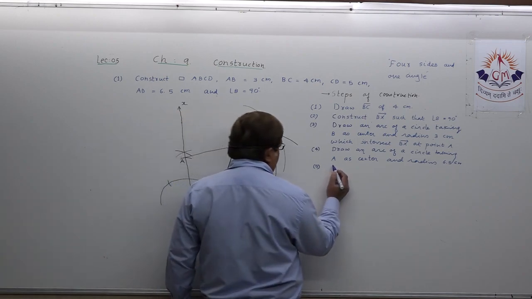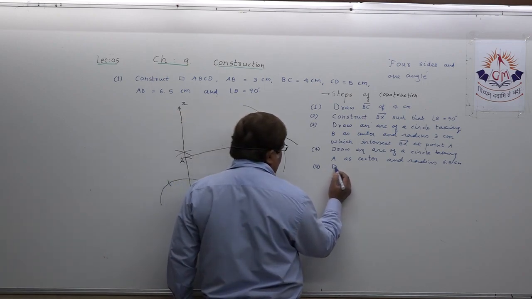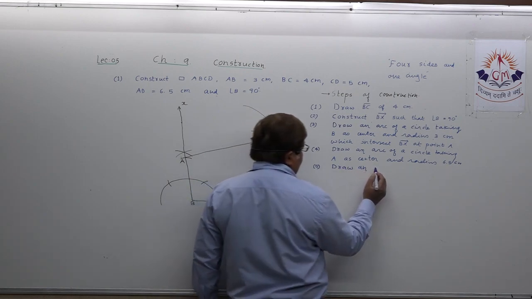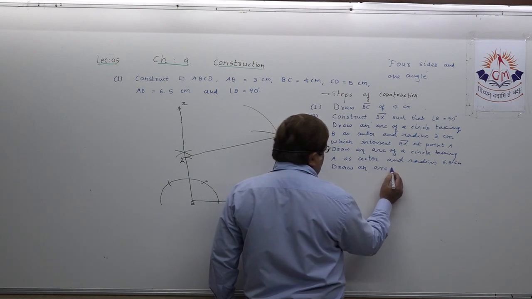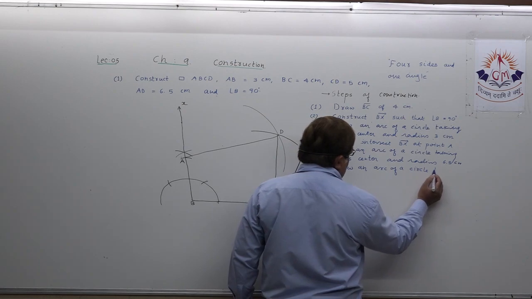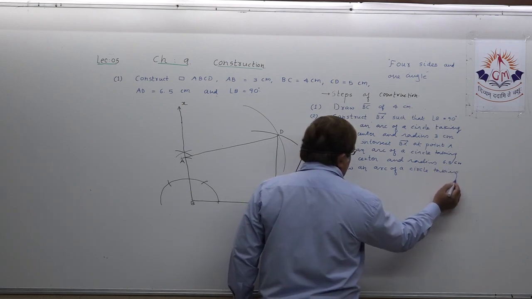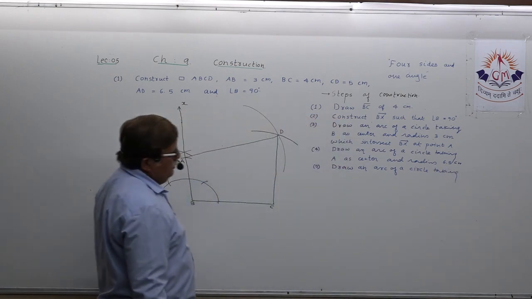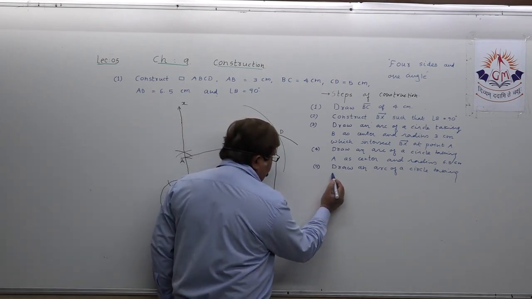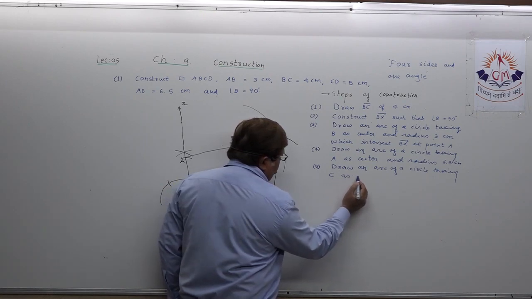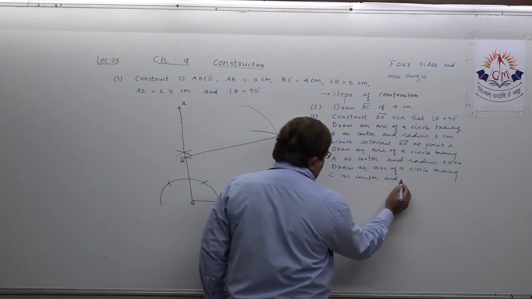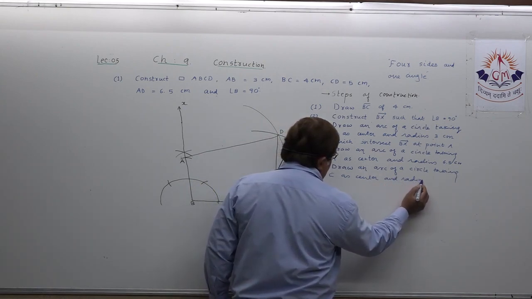Okay. So the next step will be like this. Draw an arc of a circle taking C as center and radius.